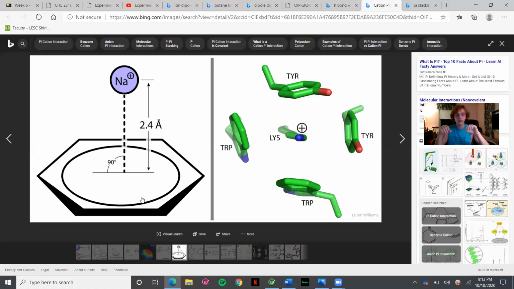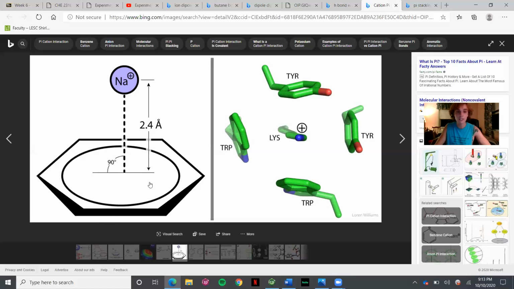The special part about pi stacking and cation-pi reactions is that since the electrons are delocalized, the ion can focus itself directly above a planar, completely flat organic molecule like this.